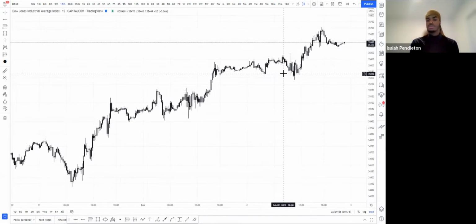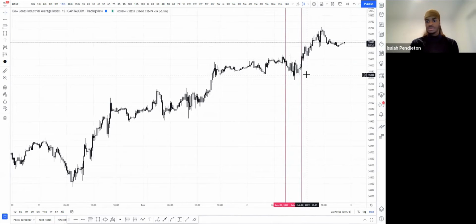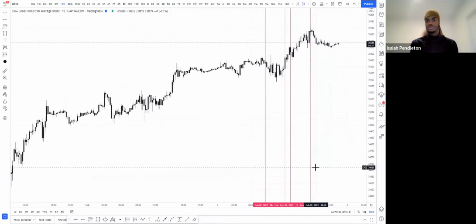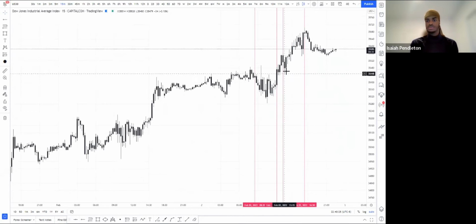So these are the levels that I'm going to mark: 8:30, 12, to about 1 o'clock. And then 16:30. Boom. See that a little bit. You guys already see the play.